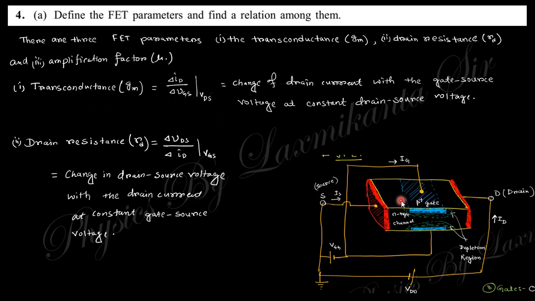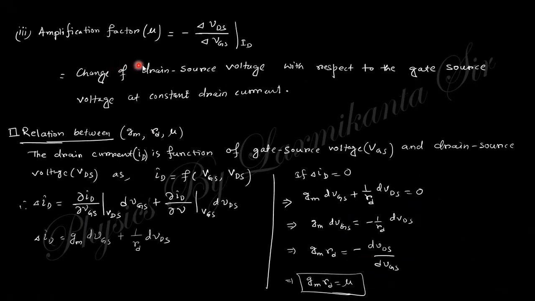Drain resistance is nothing but the drain source voltage with respect to drain current. Amplification factor is nothing but the ratio of the voltage change between drain source and gate source. So the relation: the drain current is a function of the gate source voltage and drain source voltage.